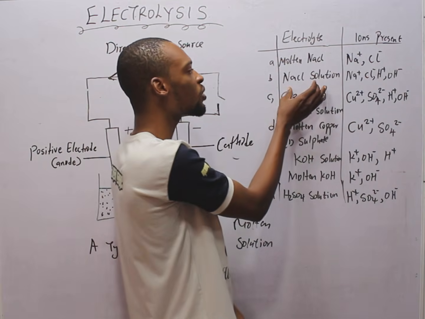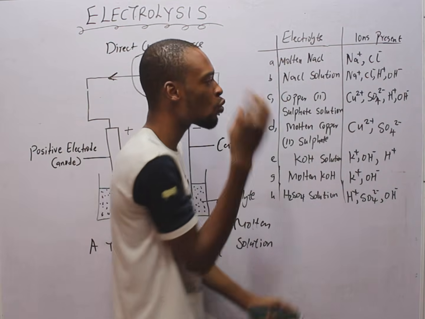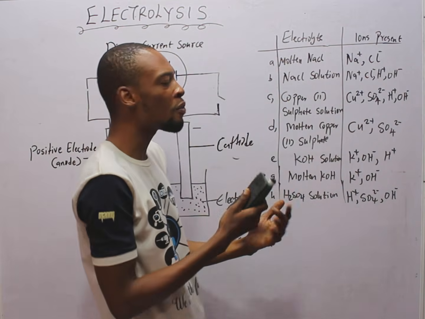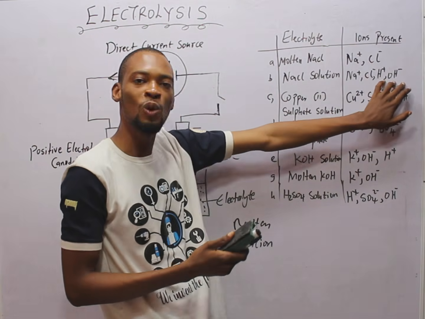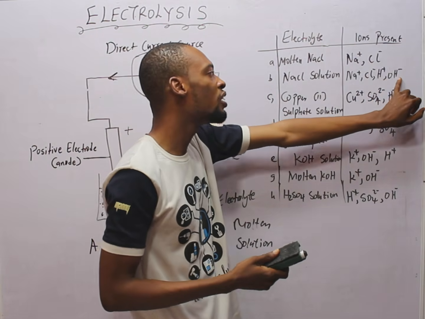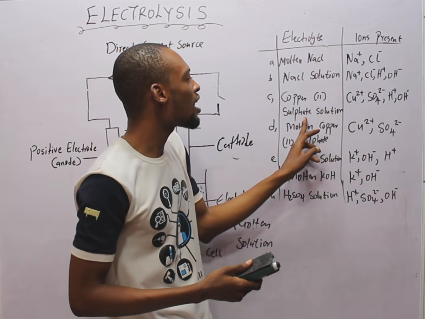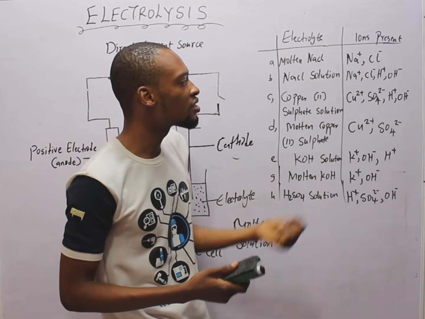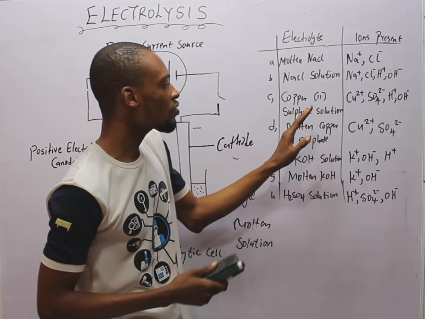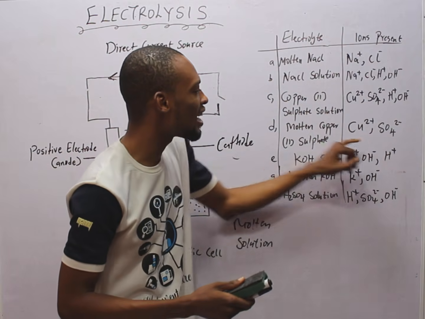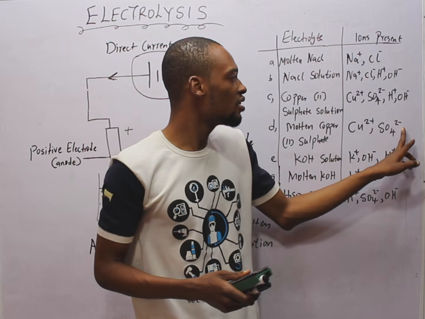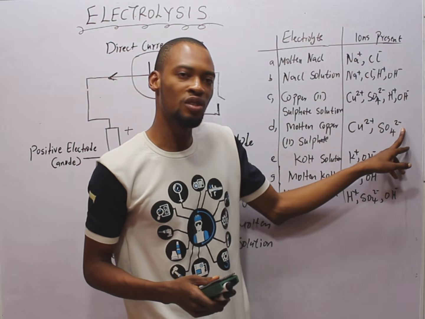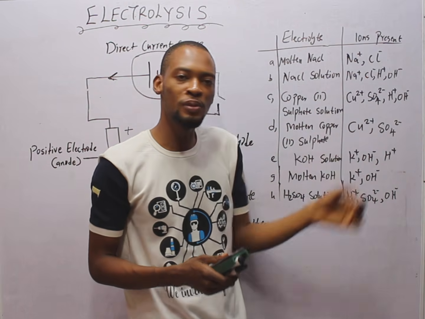What about sodium chloride solution? This means water is being introduced. So the ions present are the ions in molten state plus the ions present in water, H plus and OH minus. Copper 2 sulphate solution, CuSO4: the ions present in molten state are Cu2 plus and SO4 2 minus.